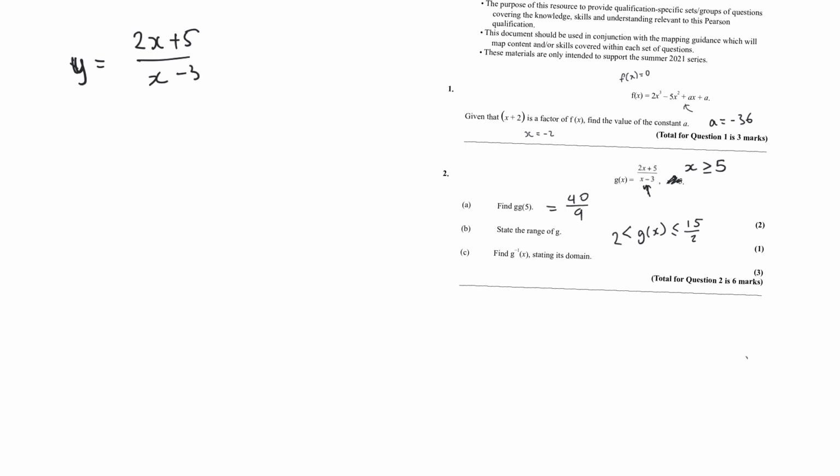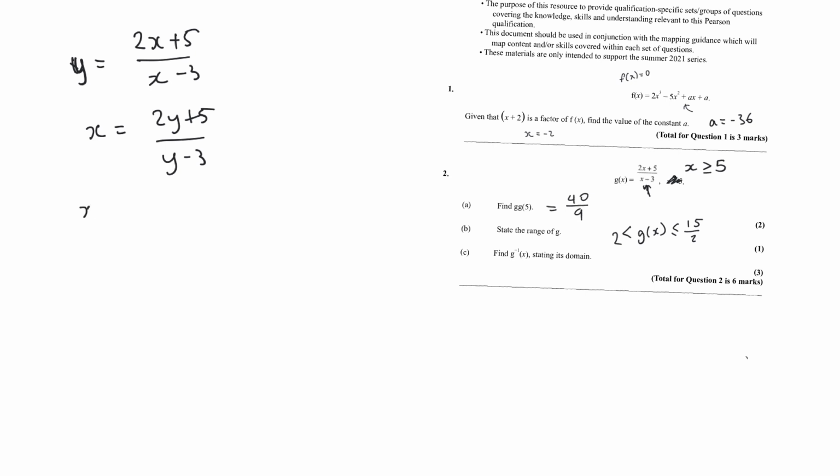Then I swap all the x's and y's. So that's going to leave me with x is equal to 2y plus 5 over y minus 3. Now I'm going to rearrange this to make y the subject, and that's going to give me my inverse g of x.